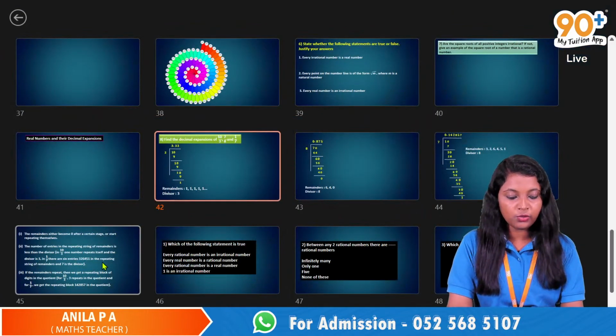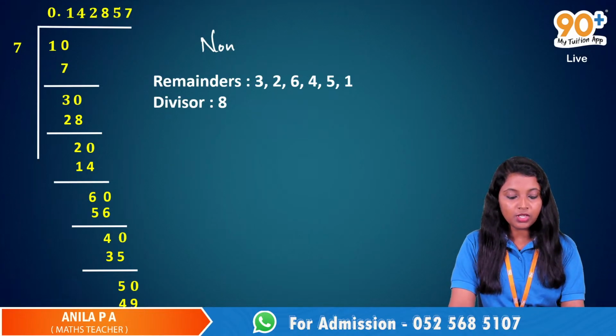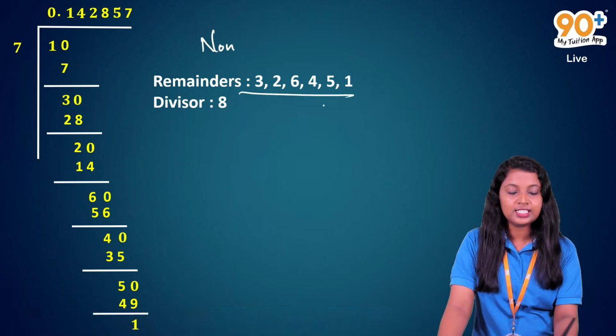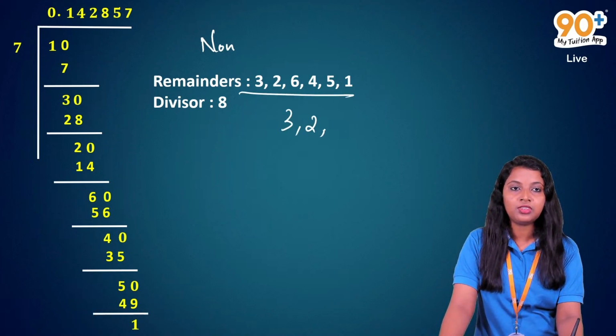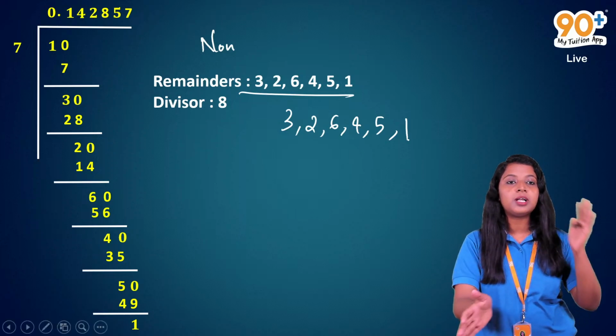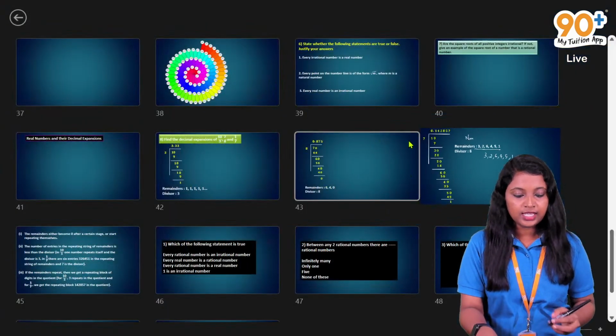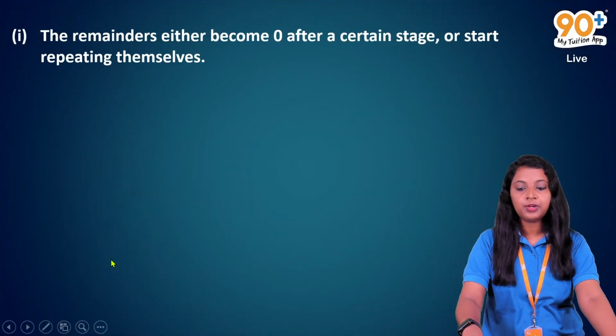And here also it is repeating after a long stretch: 3, 2, 6, 4, 5, 7. Again the remainder will repeat 3, 2, 6, 4, 5, 7. So the remainders are either becoming 0 or repeating after a certain stage. That is the first thing that we can observe from this division.